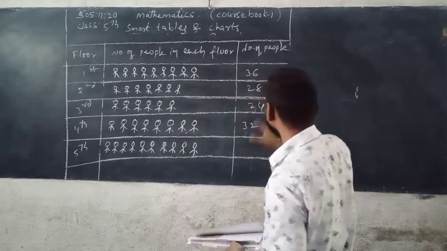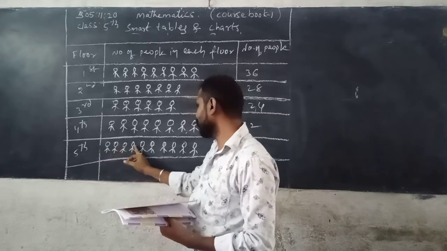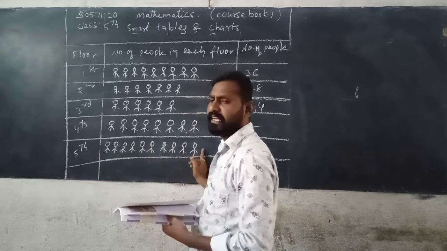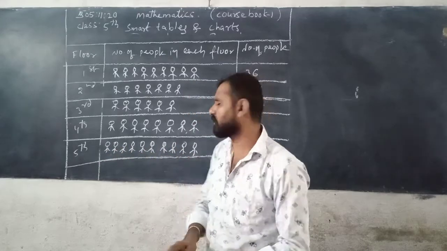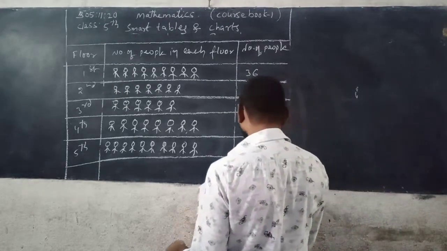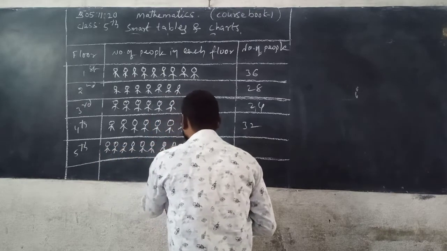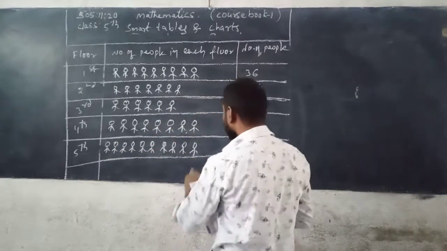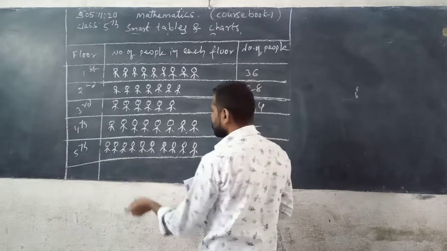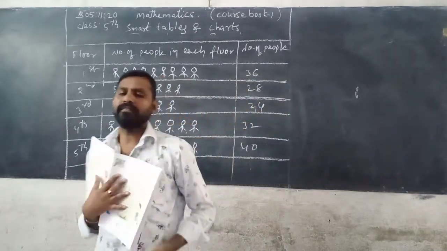So you can find out the total number of people living on the fifth floor. 10 is multiplied by 4, so 10 fours are 40. Sorry, beta, 10 fours are 40.